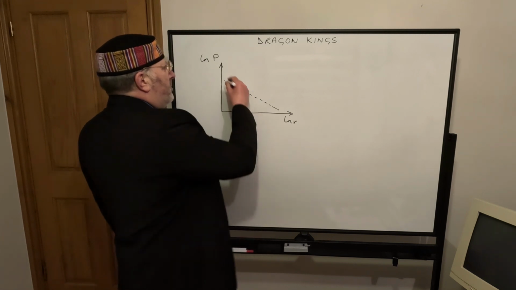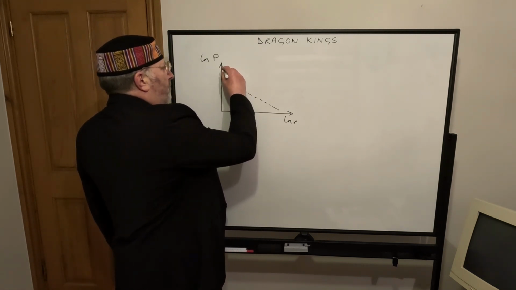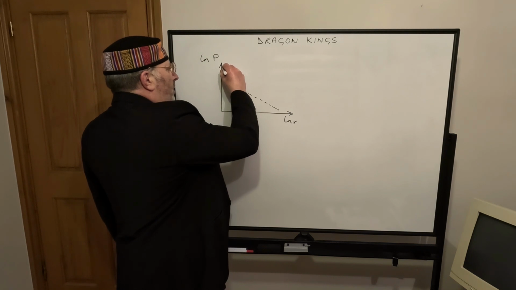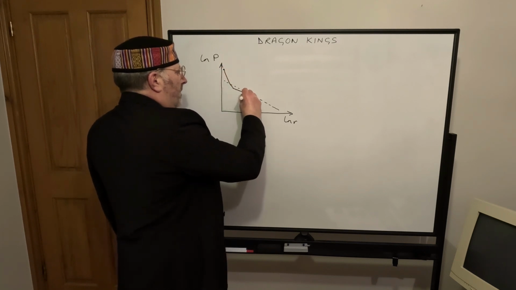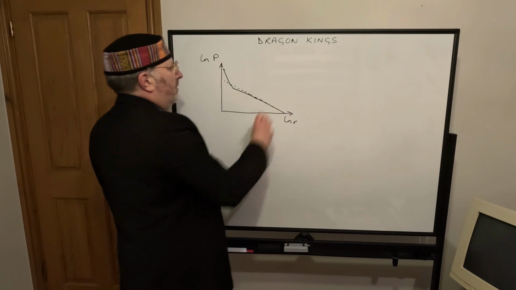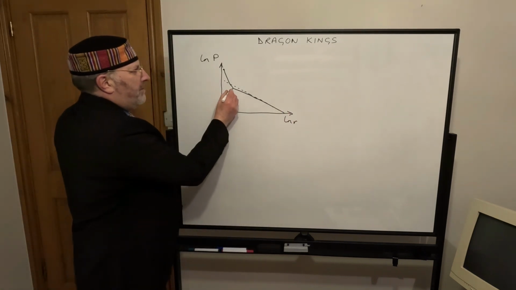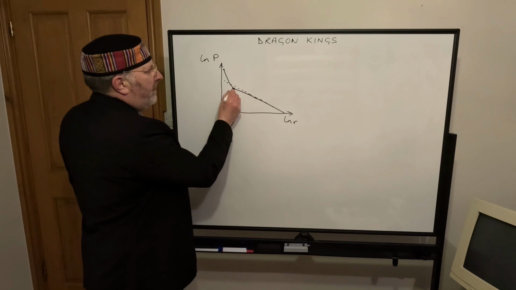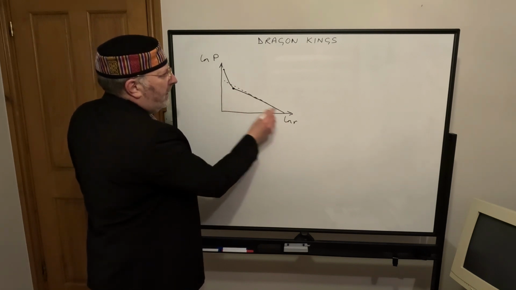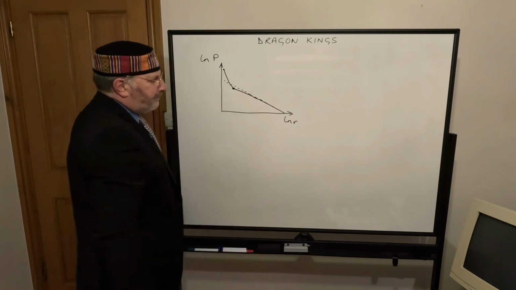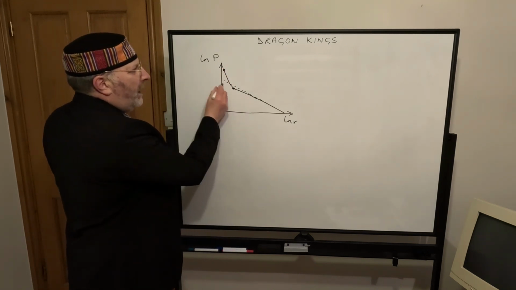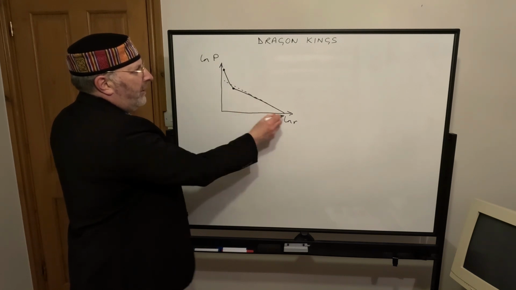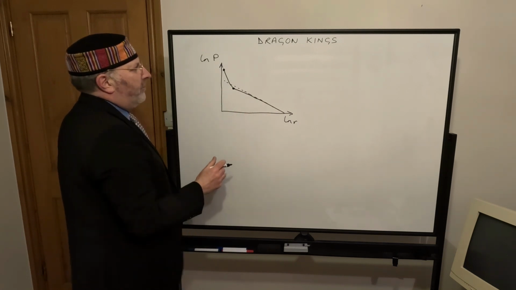But if we do such a rank size plot for Britain, what we find is that we get London way up here, and then the second city, Birmingham, is down here, and then after that we do tend to get kind of a straight line power law. But London doesn't lie on the same line as the other cities of the country.